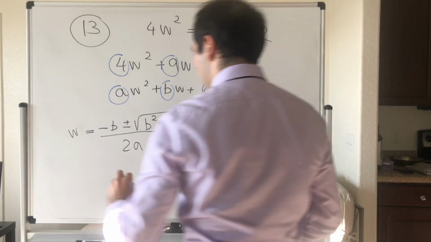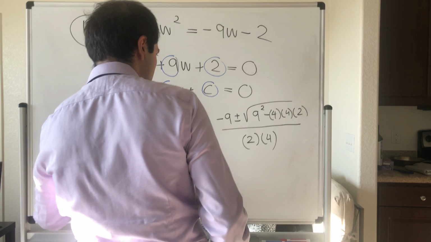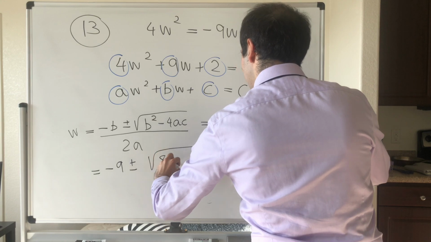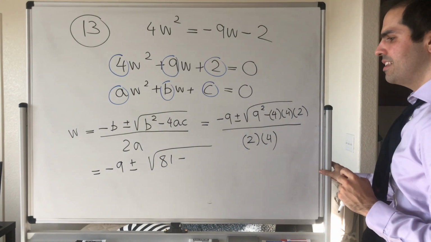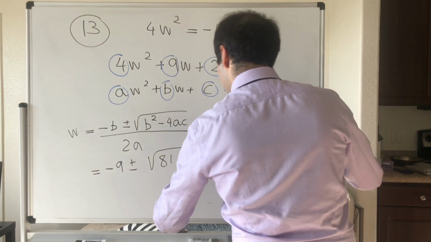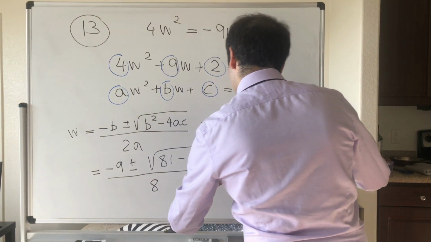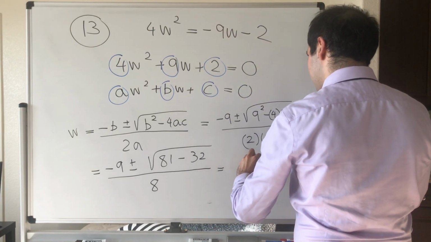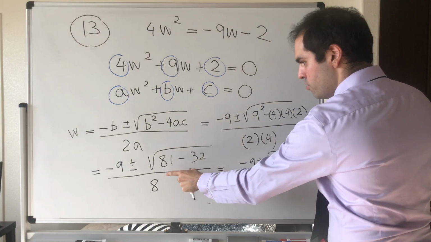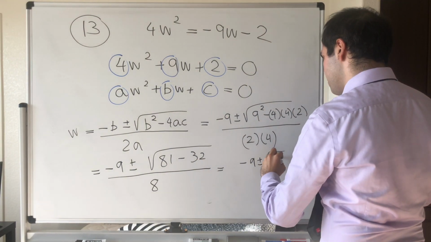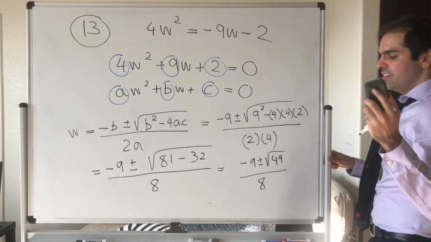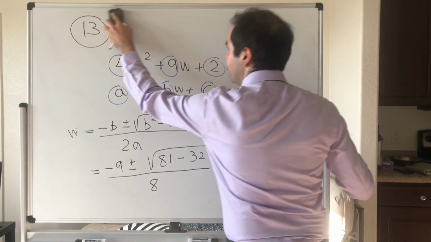So 9 squared is 81, 4 times 4 is 16, times 2 is 32, over 8. That gives you minus 9 plus or minus the square root of 81 minus 32, that's 49, over 8. And the nice thing is the square root of 49 is just 7.